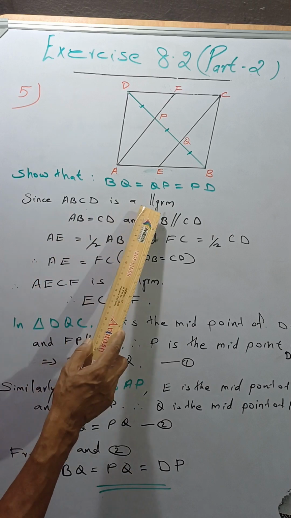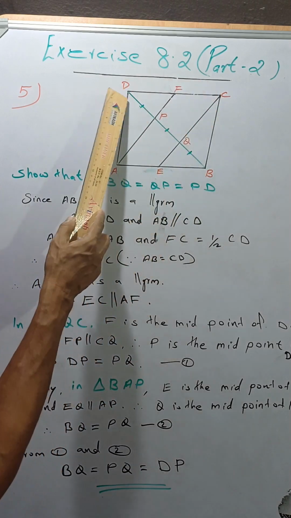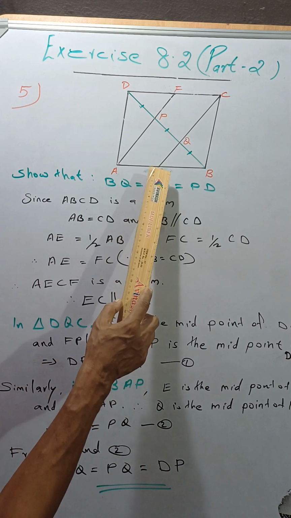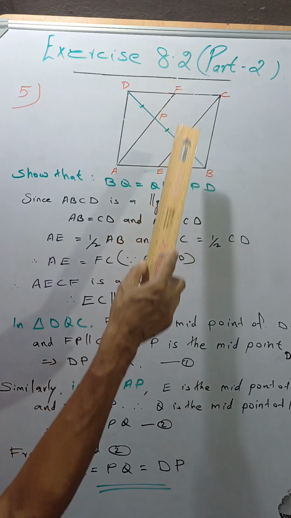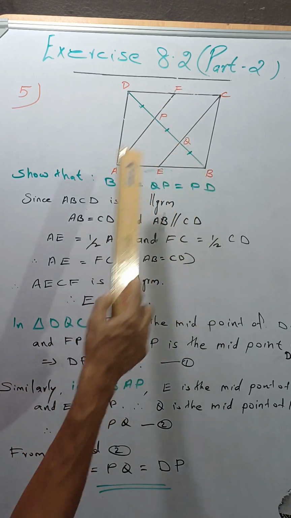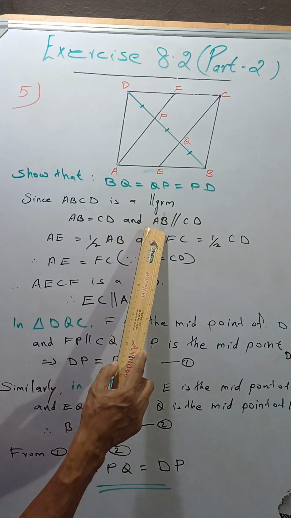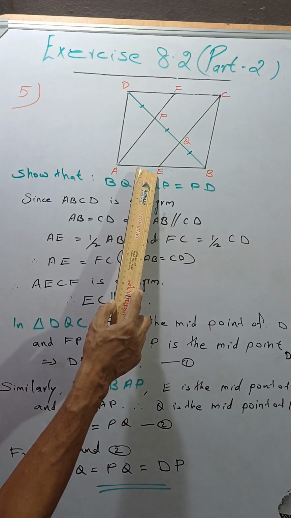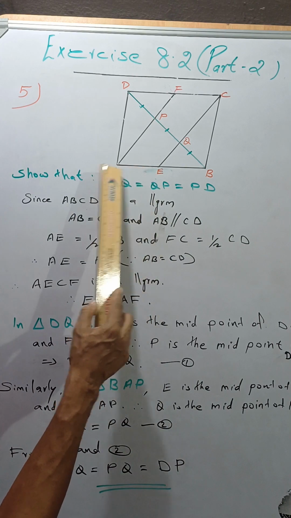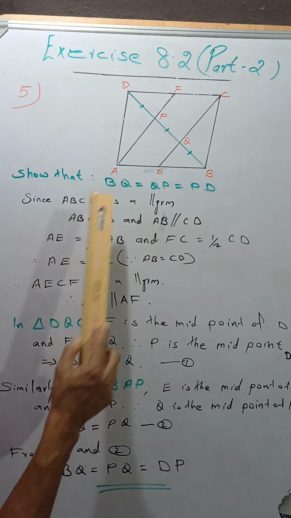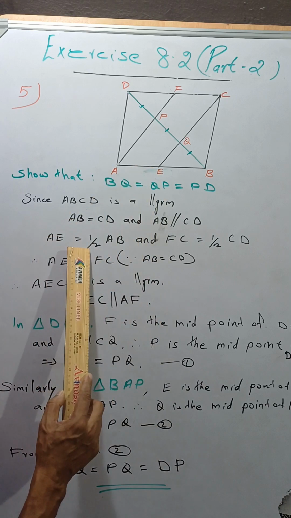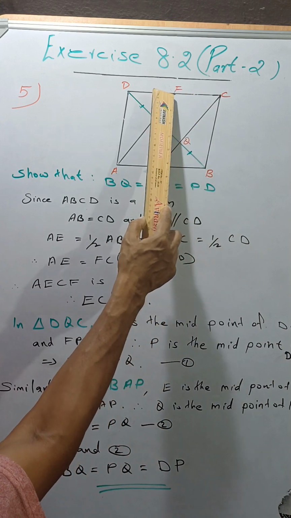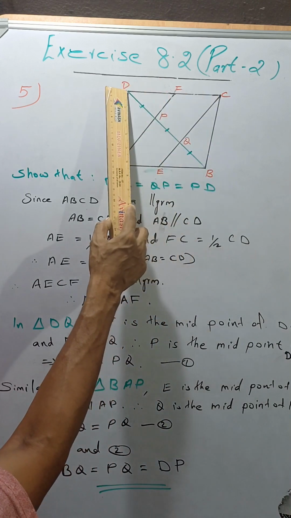Since ABCD is a parallelogram, which is given, we know that in a parallelogram, opposite sides are parallel and equal. AB is equal to CD and AB is parallel to CD. It is given that E is the midpoint of the side AB, so AE is equal to half of AB, and like that F is the midpoint of CD.